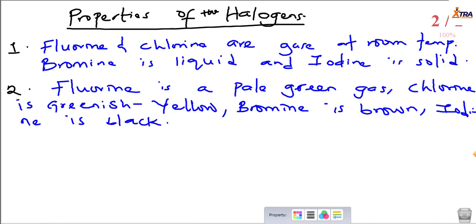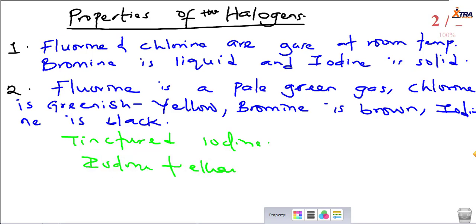The iodine we apply to our wounds is tinctured iodine, which means it is iodine dissolved in ethanol, in alcohol. When you dissolve iodine in ethanol, iodine being the solute, ethanol being the solvent, you form tinctured iodine. When you apply this to a wound, it appears purplish, but pure iodine is a solid and it's black. So please take note of that.